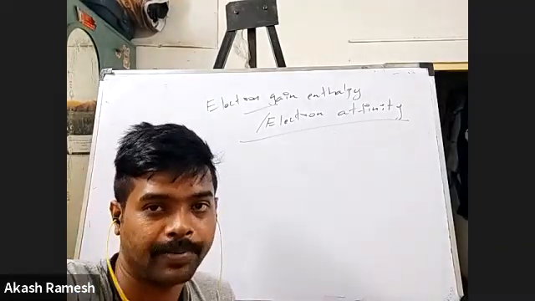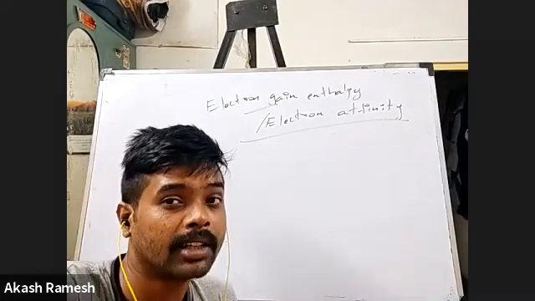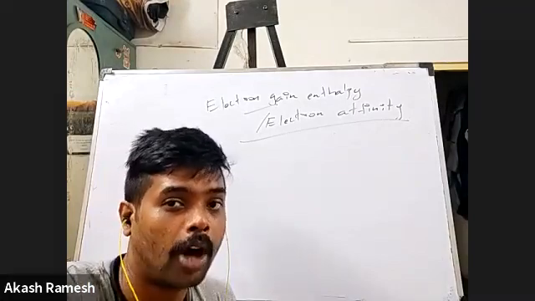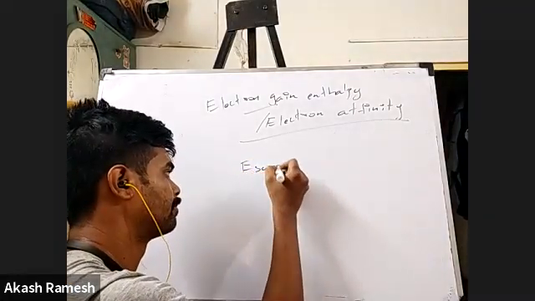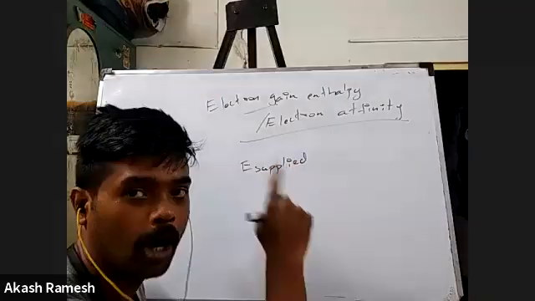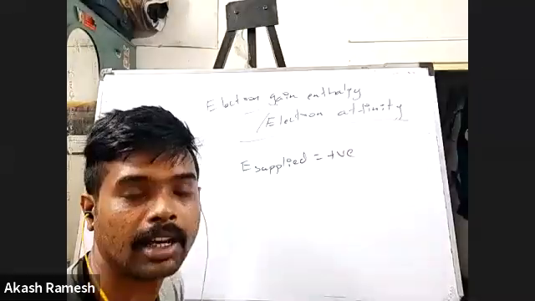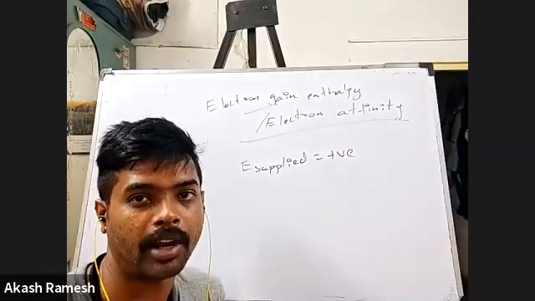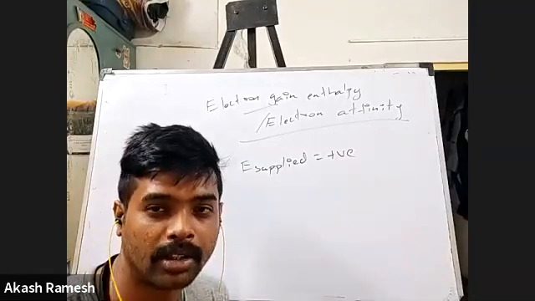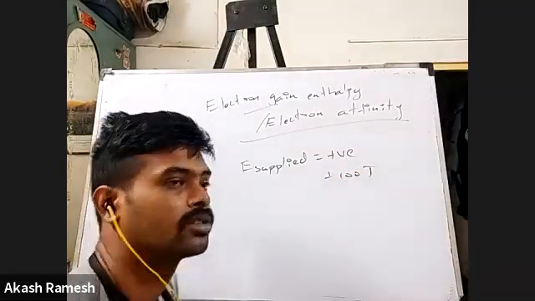In chemistry there are certain sign conventions you follow. Always remember, energy supplied or energy absorbed will always be a positive value. For example, if 100 joules of energy is absorbed or supplied to the system, it should be plus 100 joules.